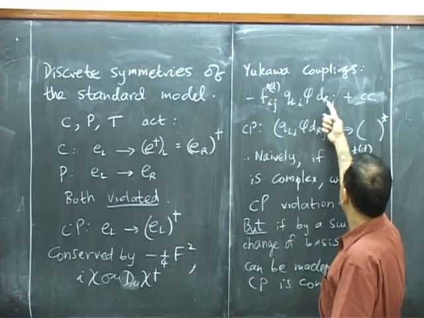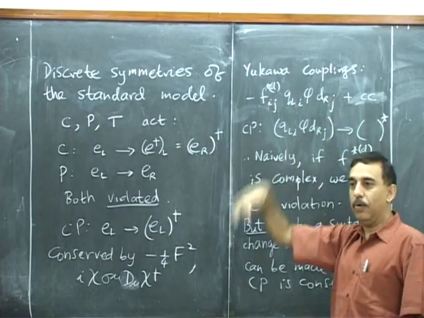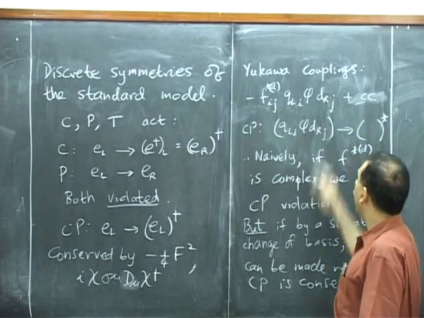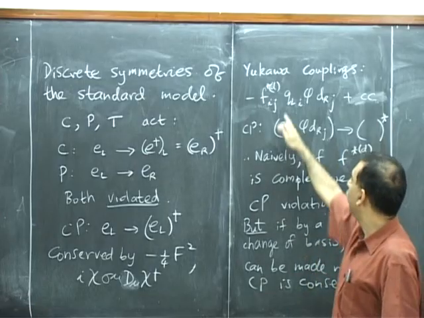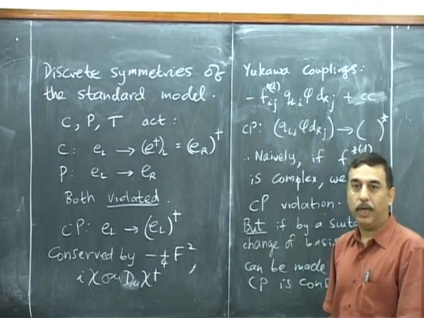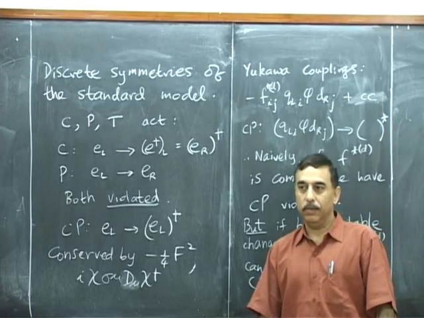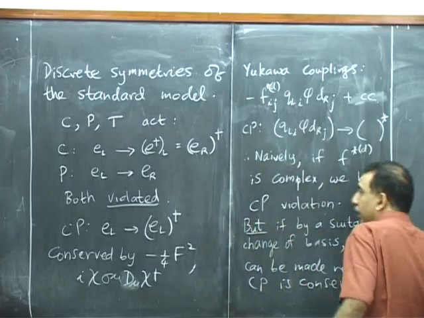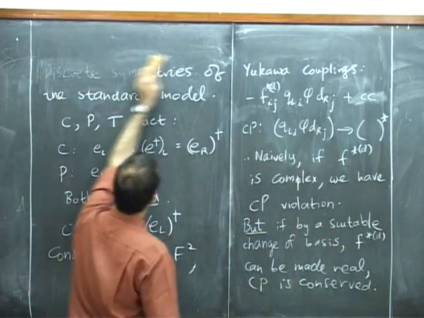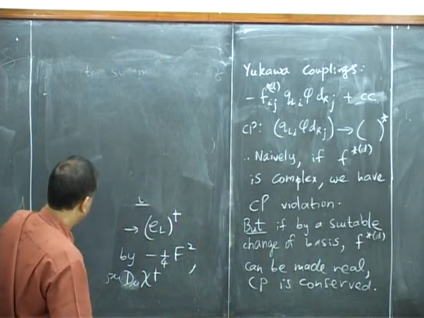Because this D_R^J is all the three generations of down-type quarks, and U_R^J are the three generations of up-type quarks. So those are all the F's, the F_D and the F_U. So actually the question then is whether we can make all of those real. Now actually that question just collapses into the question of whether we can make the CKM matrix real.